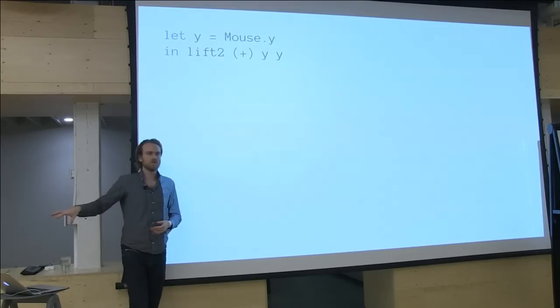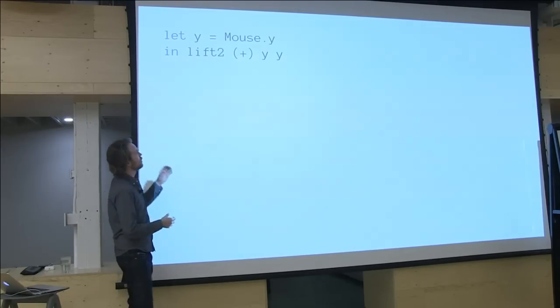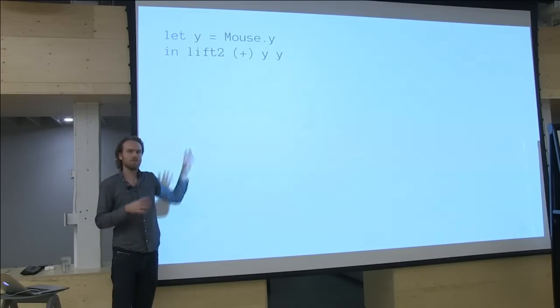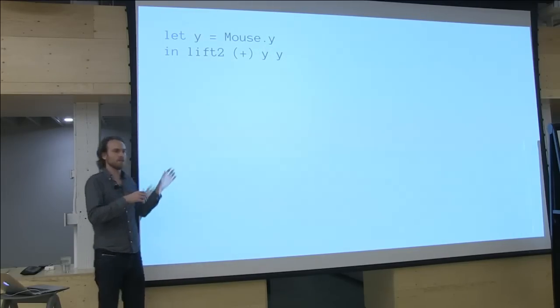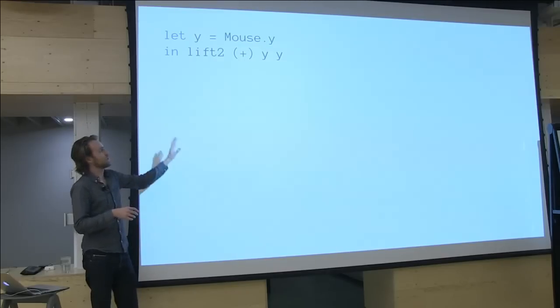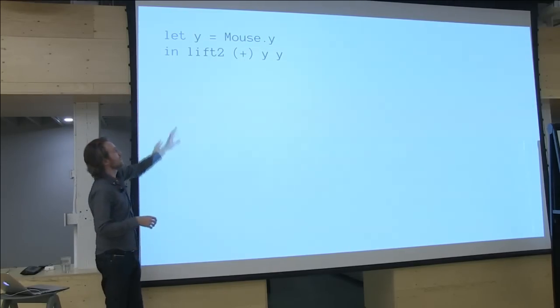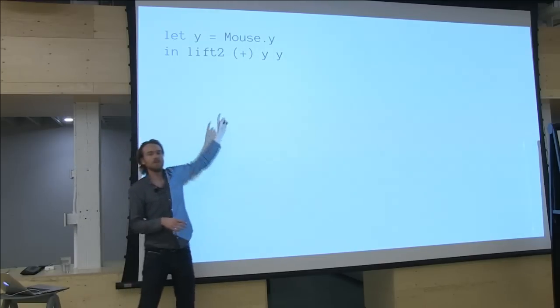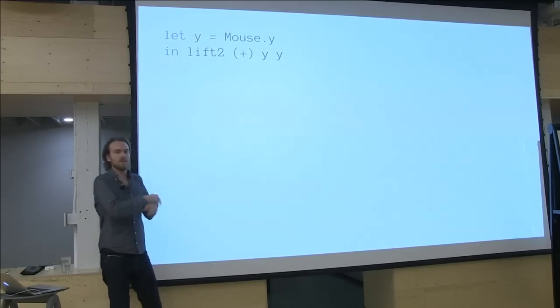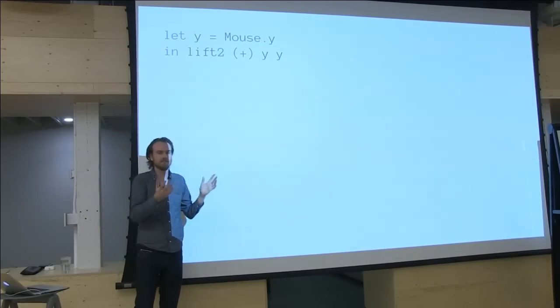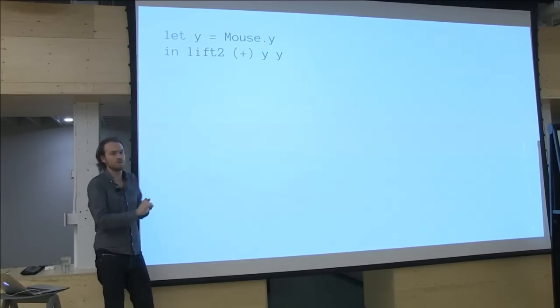Okay, part of the language is also lets. And it turns out in the paper, the let construct ends up being really important for reasons I'll get into. But you can say, let y equals mouse y, and then you can use it in a couple different places. If you're familiar with let in other languages, it works pretty much the same way.